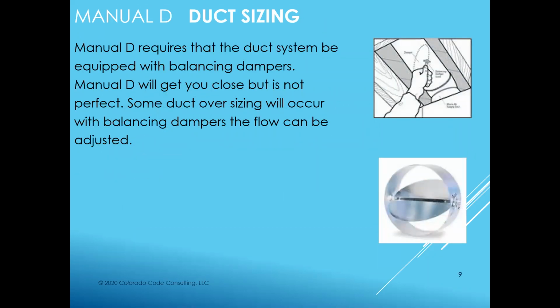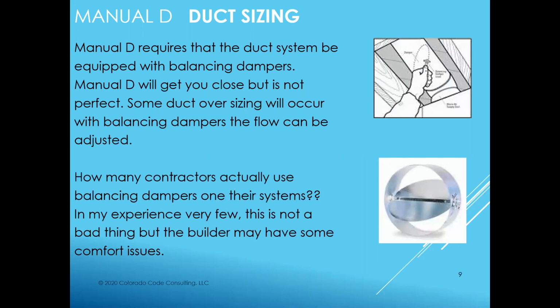Yeah, so if you look at Manual D, it actually says best practice would have some balancing dampers. It isn't too heavy on that. You're going to find that a lot of builders don't use them. A lot of designers won't put them in. It's the best for balancing, but many of them are just doing it based on the size of the duct, right?